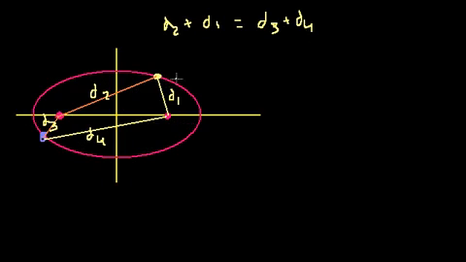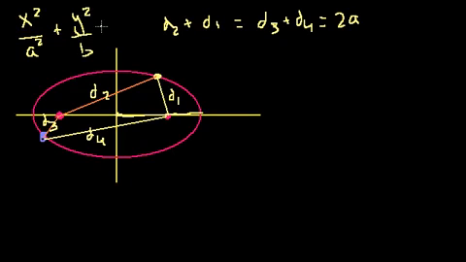And we learned in the last video that this quantity is actually going to be equal to 2a, where a is the semi-major radius. If this is the formula for the ellipse, x squared over a squared plus y squared over b squared is equal to 1, this is where the a comes from.